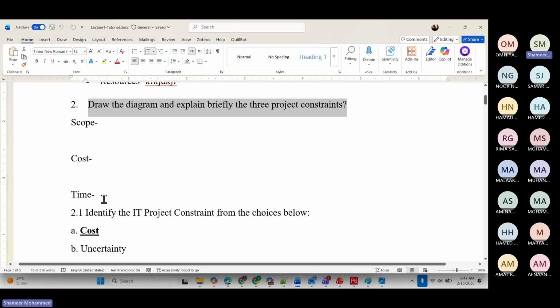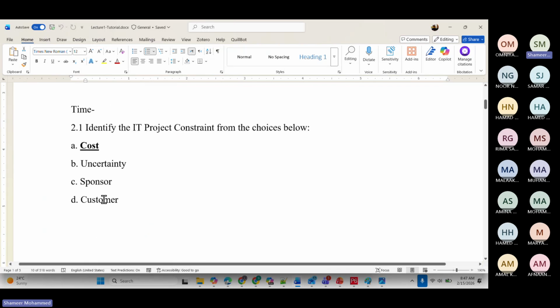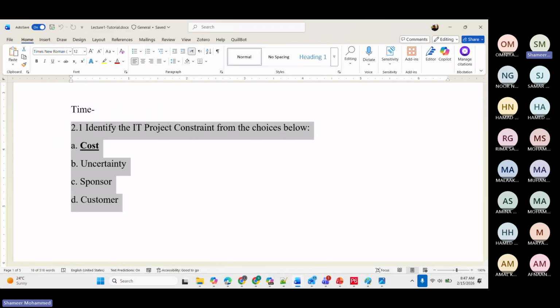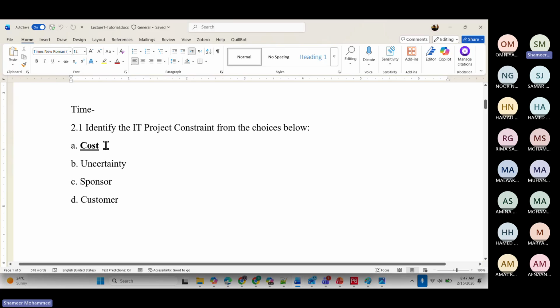Or you may get a multiple choice question like this. Find out the constraint from the following options. So you have to choose the correct answer.